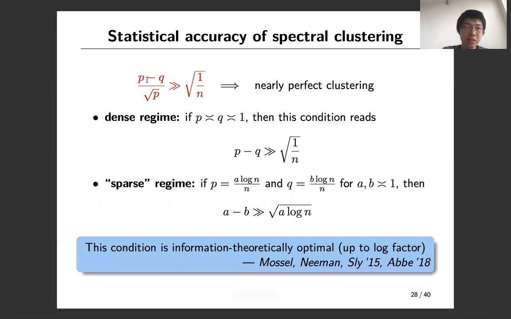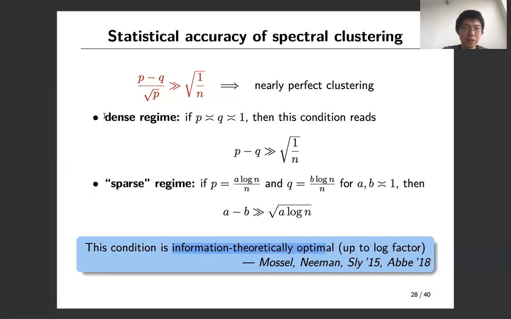This is the condition we have for spectral method to perform well. It basically says as follows: the gap between the positive probability P and the negative probability Q should be sufficiently large, and it would imply nearly perfect clustering of the spectral method. It turns out that this gap condition is information theoretically optimal, as shown in the previous work here, up to certain log factors.